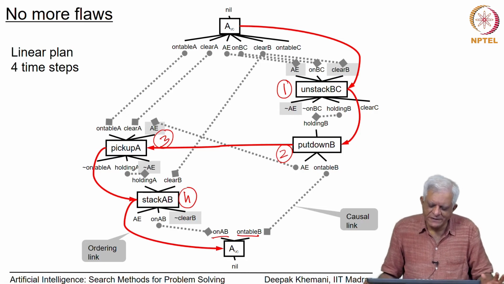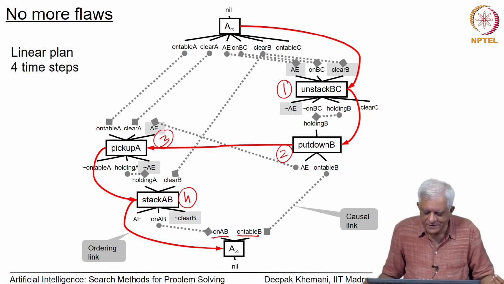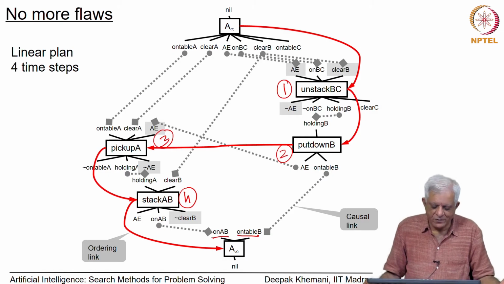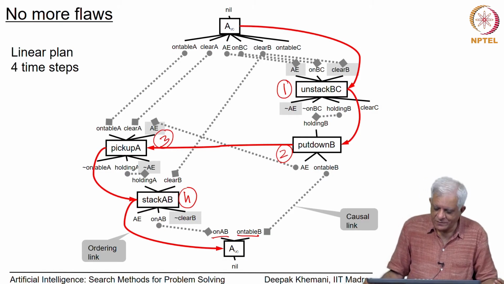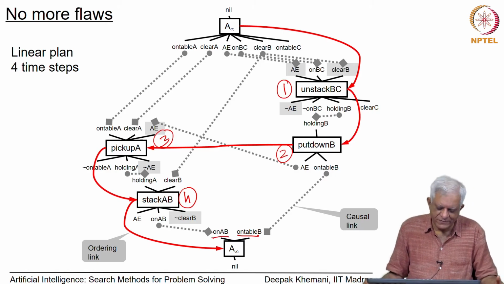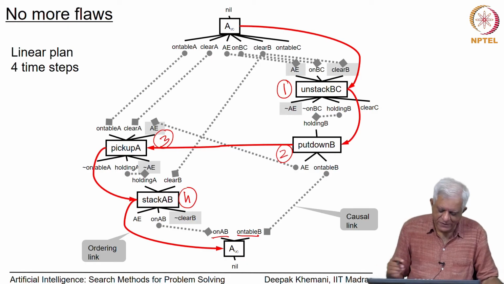Now, it is not surprising that it is a linear order, because as I have said we are working in a domain in which there is a one arm robot, and this robot will do these 4 actions in a sequence one by one and produce a plan which will achieve our goal.